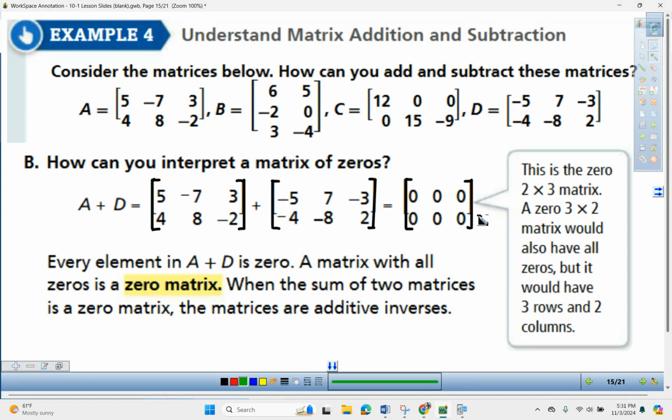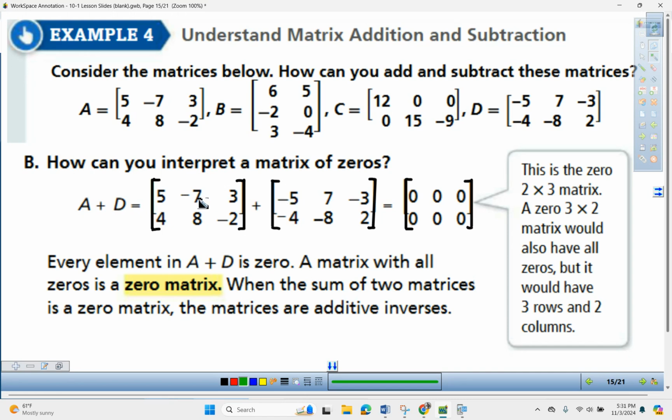It's all zeros. So let's call it the zero matrix. The zero matrix. Okay. So when does that happen with regular addition? Well, 5 plus negative 5. Well, that's called additive inverse, right?